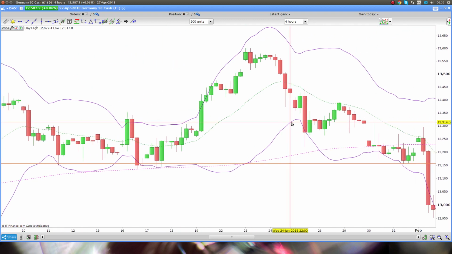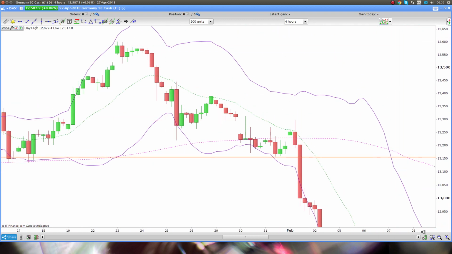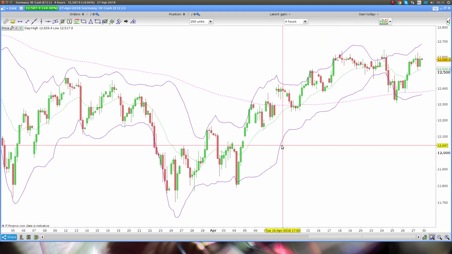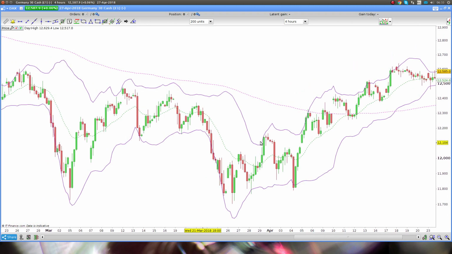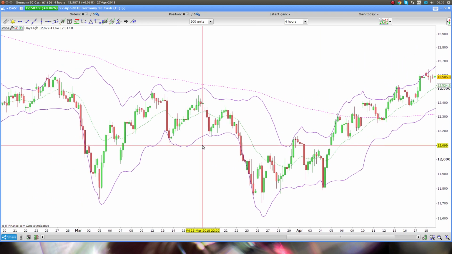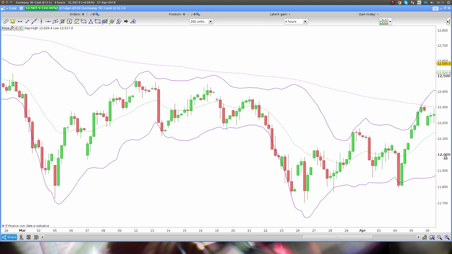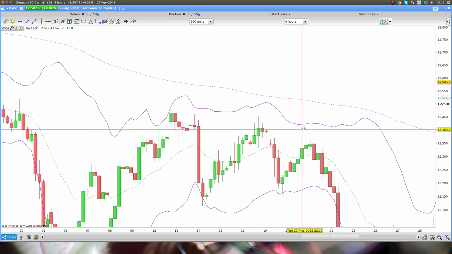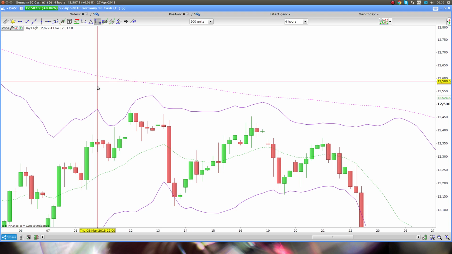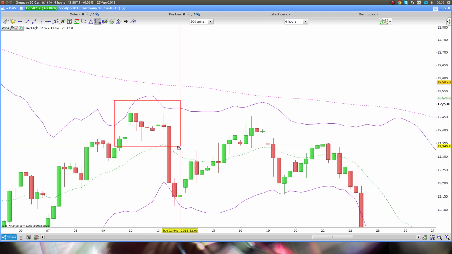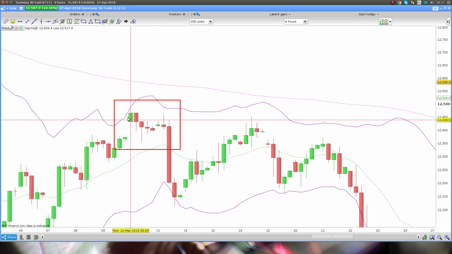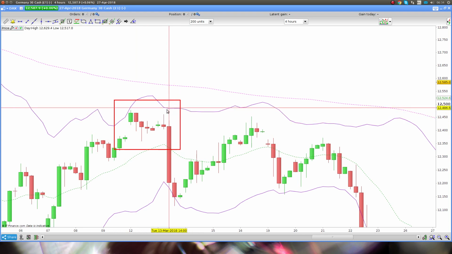I just want to find us a double top here. Okay, so there is one there. Just box it up for you. So here you can see we are close to the Bollinger Band, and here we are far from the Bollinger Band.